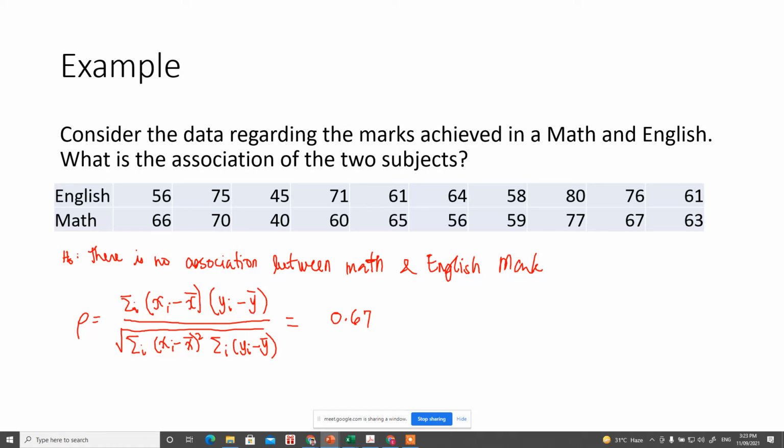This is because the significance test is investigating whether we can reject or fail to reject the null hypothesis.